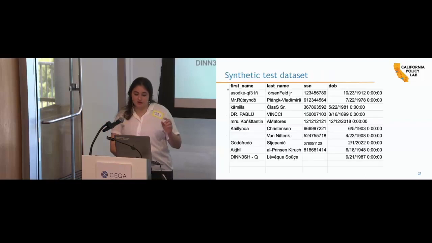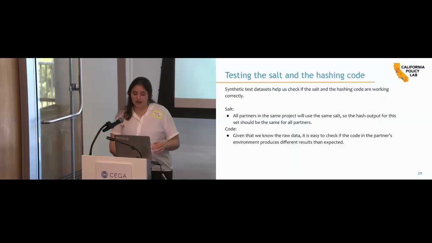them a small synthetic test data set. I'll go over what are the requirements that we put for this example in a second, but we send all the partners exactly the same test data set. And we ask them to hash it with the code that we sent them with the salt that they pick.